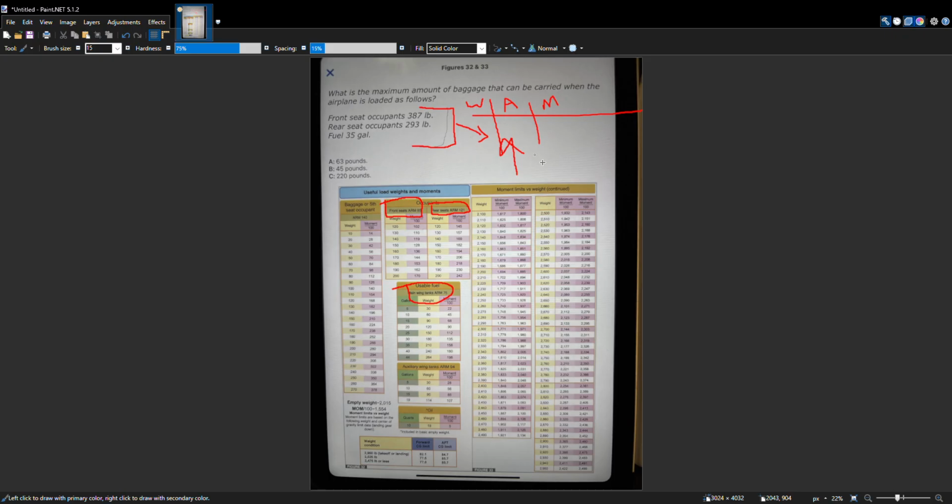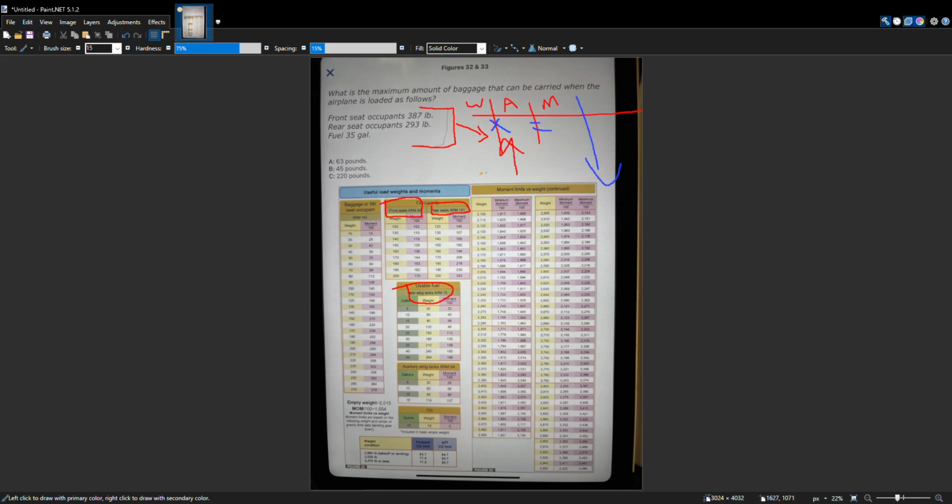And moment, as you already know, is just weight times arm equals moment. So you get all the weights times all the arms to make all the moments, and that's just going to go down into the chart.